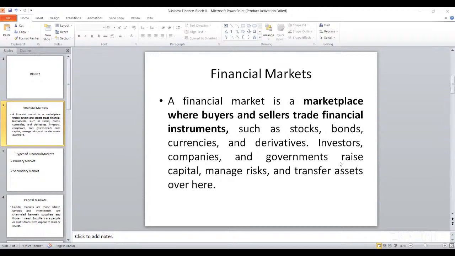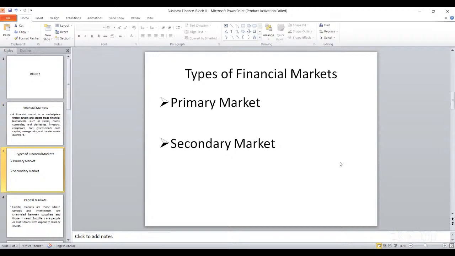That particular place is your financial market. In this financial market, you again have two types of market, that is the primary market and the secondary market. And in your financial market, you have the capital market and the money market.